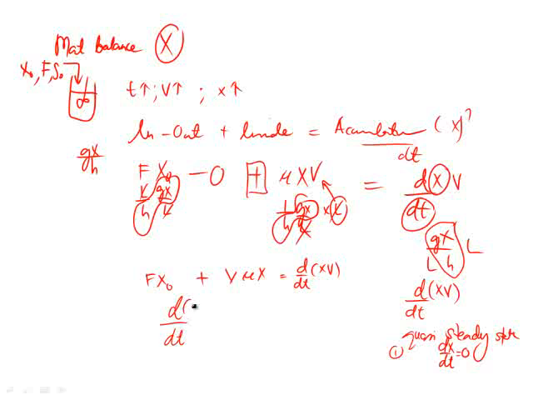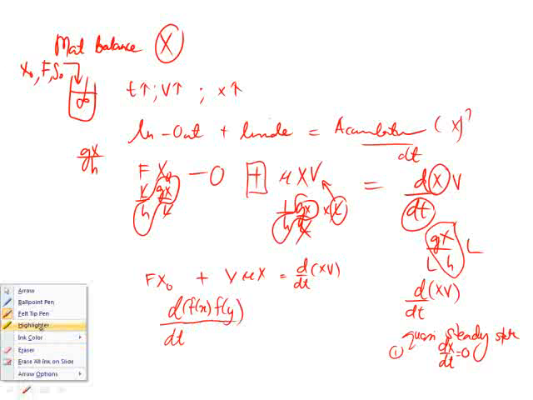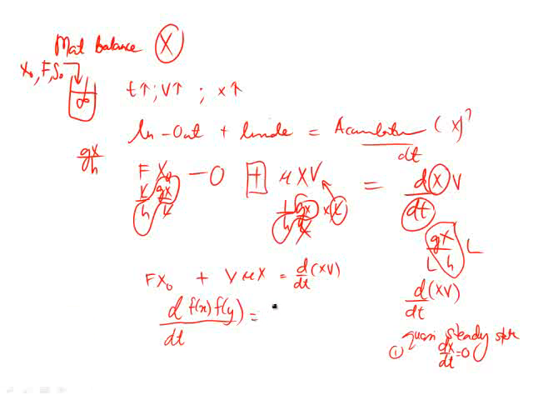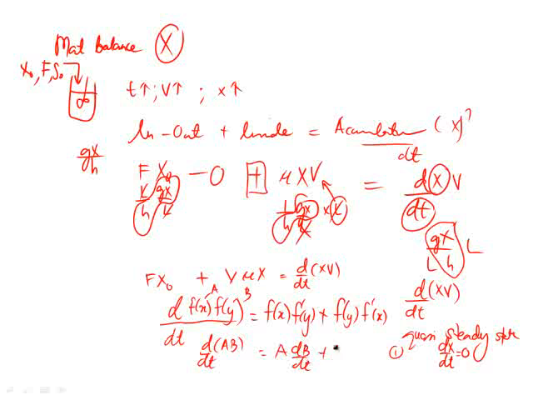For d over dt of two functions, one function stays the same times the derivative of the other, plus the other function stays the same times the derivative of the first. If this one is A and this one is B, then d over dt of A times B is A dB/dt plus B dA/dt.